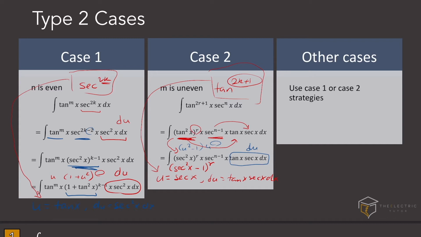For every other case, we apply either case 1 or case 2, and that's always going to depend on you. Sometimes if you pick case 1 it may be very hard, so you may have to switch to case 2, and vice versa. That's just going to be a matter of practice and experience.